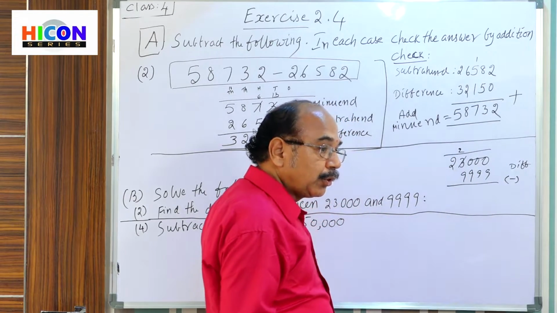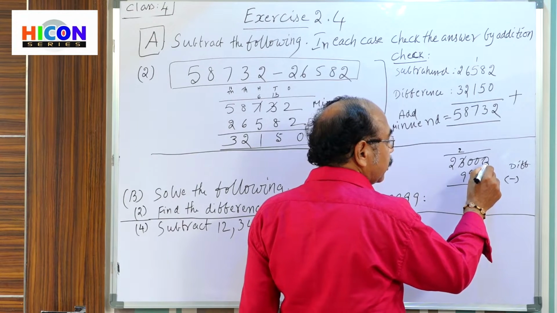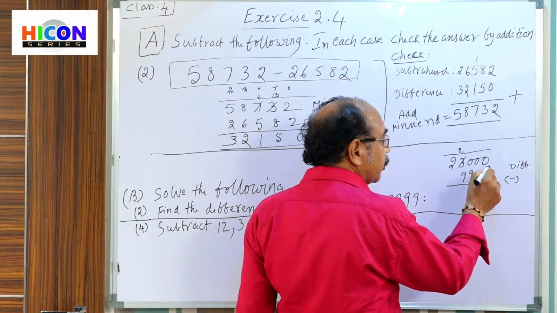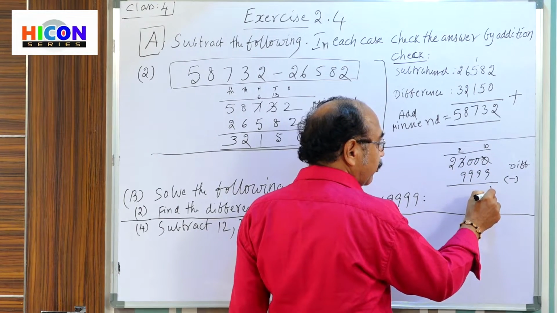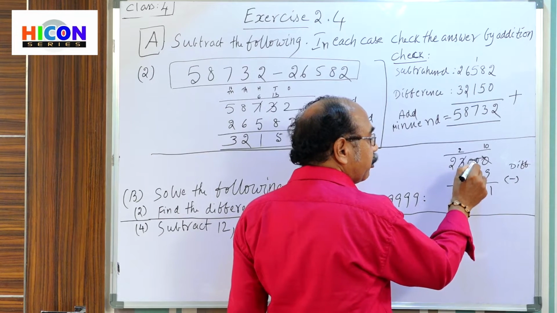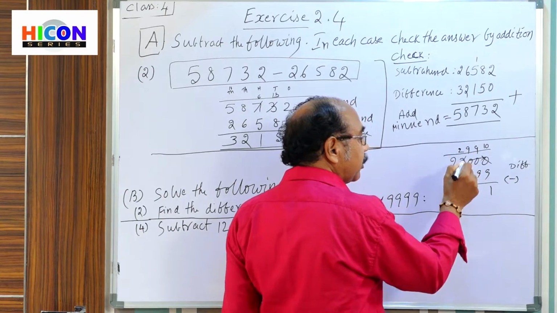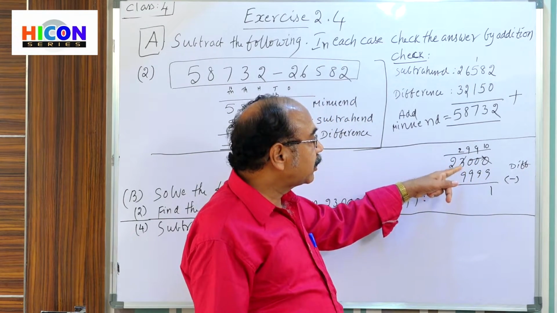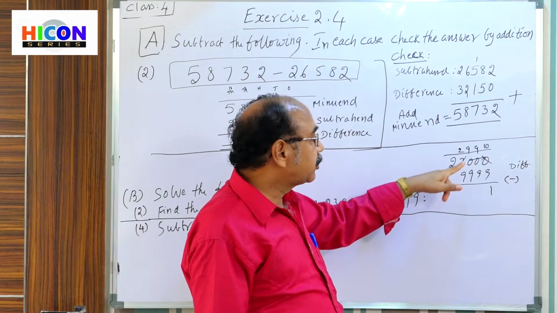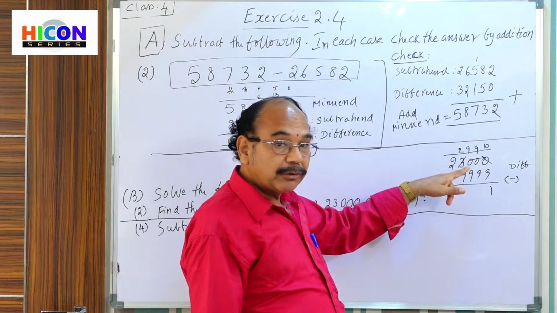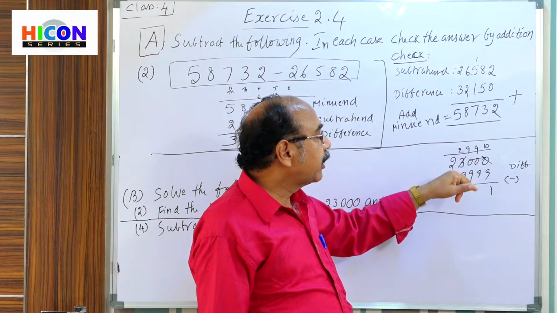Here we get 9 only. 3 gave borrow, that's why strike 3 and we write 2 here and 9 we write.